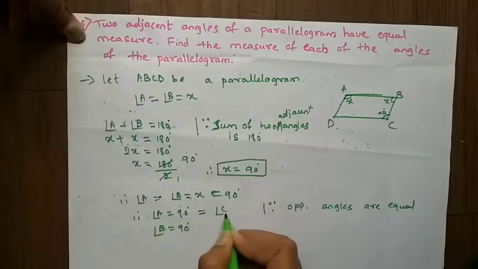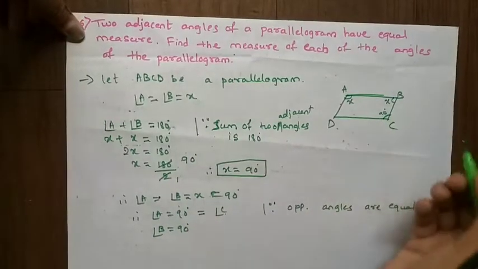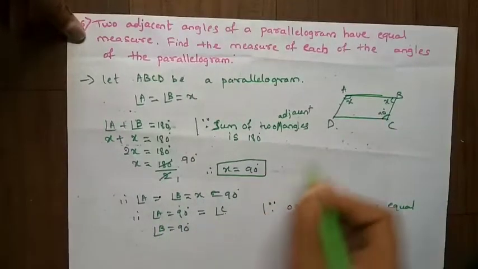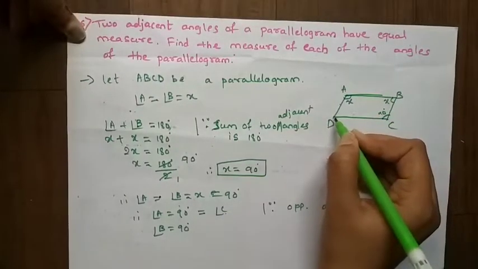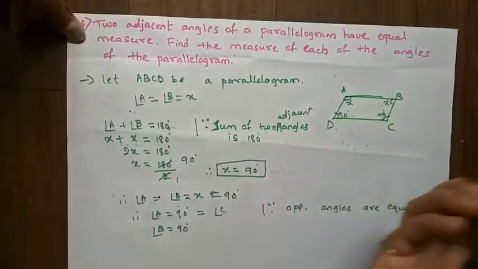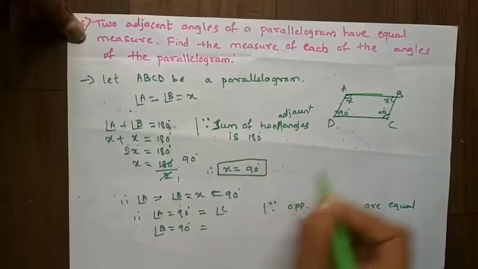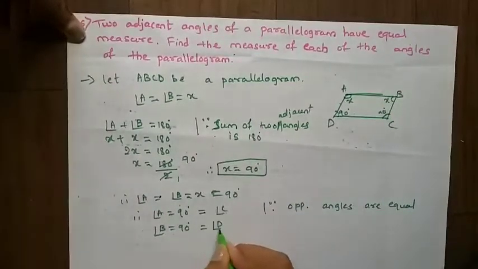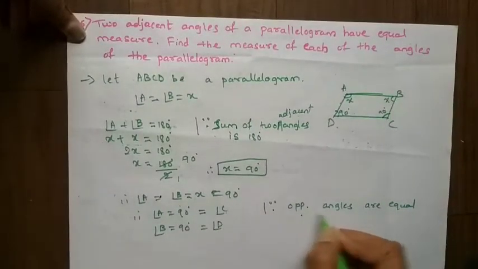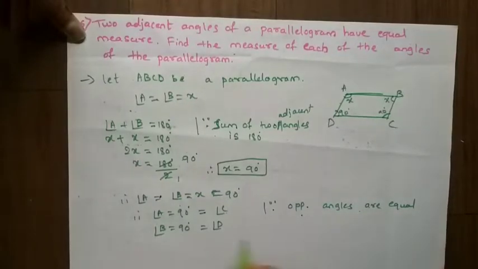Same as angle B, its opposite angle is angle D, which is also equal to 90 degrees. Angle B is equal to angle D is equal to 90 degrees, because opposite angles are equal.